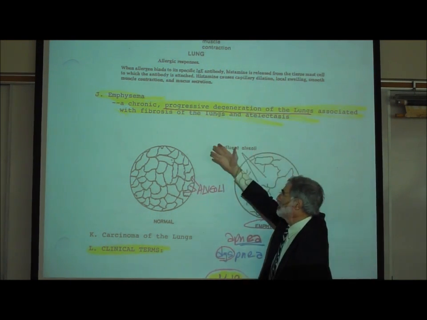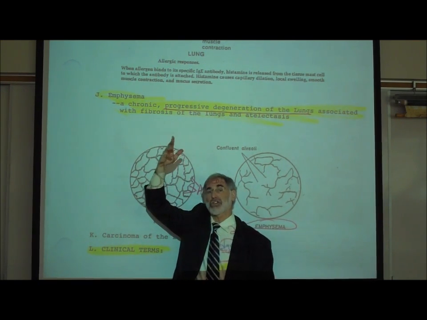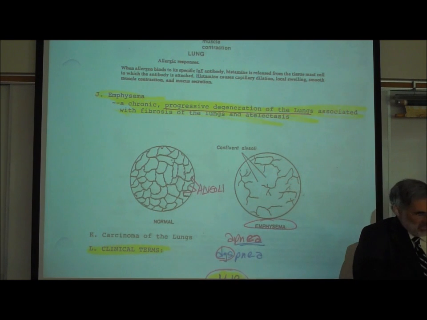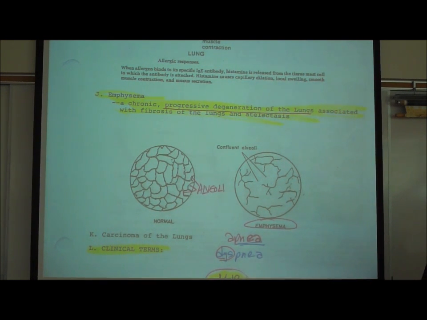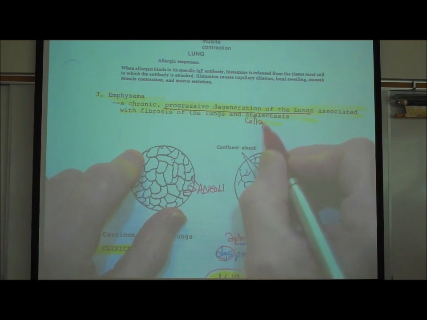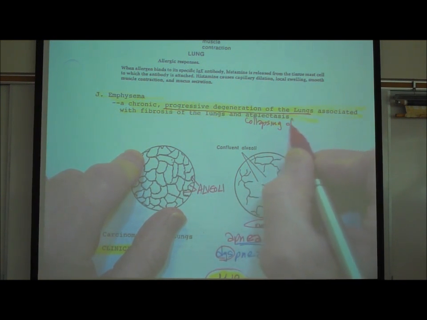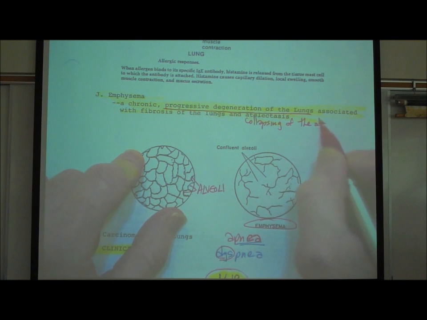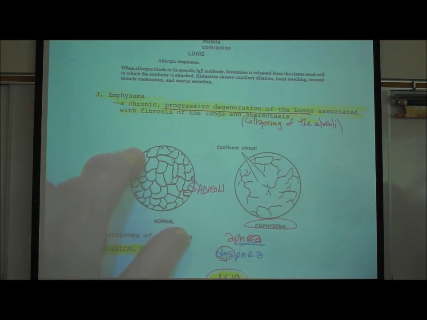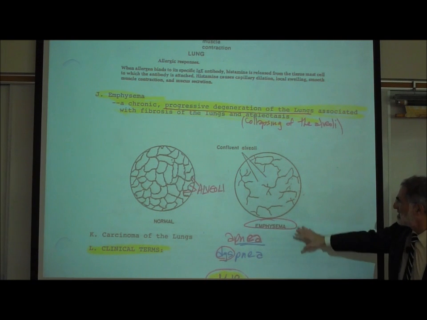Associated with fibrosis, fibrosis means scar tissue formation in the lungs, and atelectasis. Atelectasis means collapsing of the alveoli. So the alveoli collapse, that's called atelectasis.